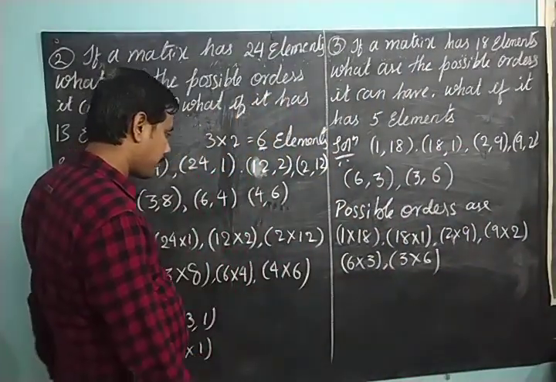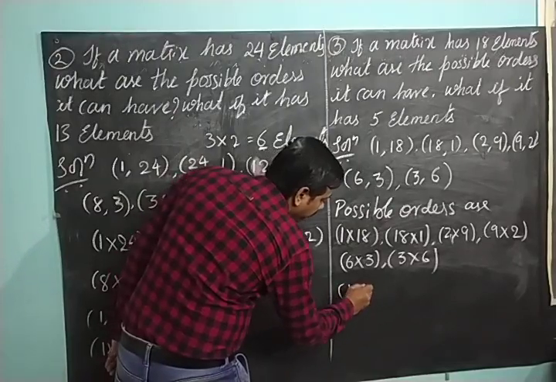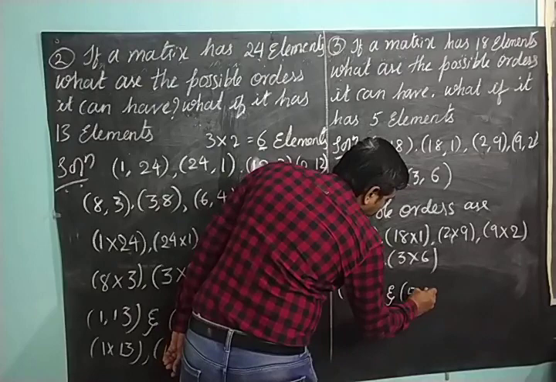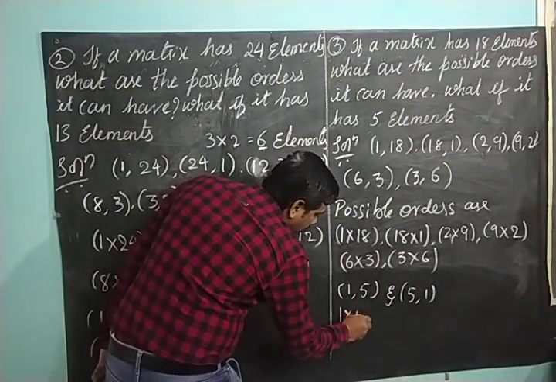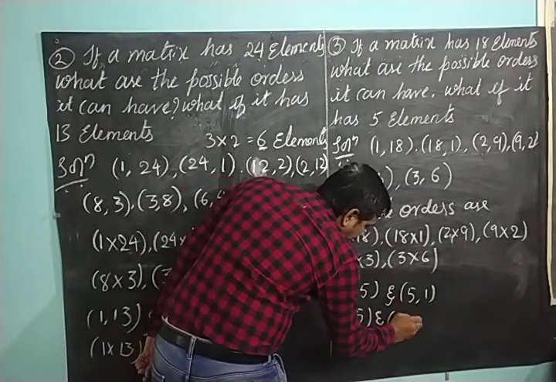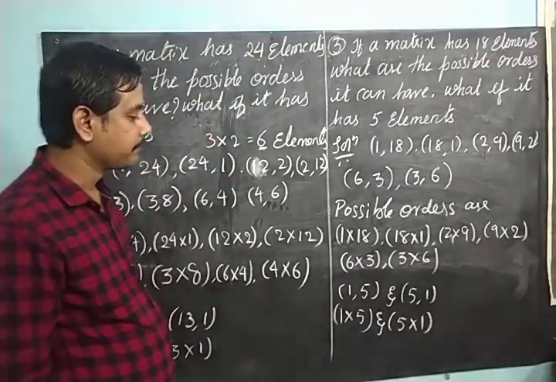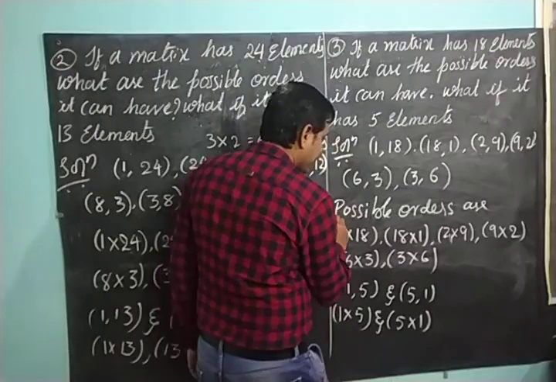So the possible ordered pairs are 1 comma 5 and 5 comma 1. So what will be the order of the matrix? 1 cross 5 and 5 cross 1, right? So these are the orders.